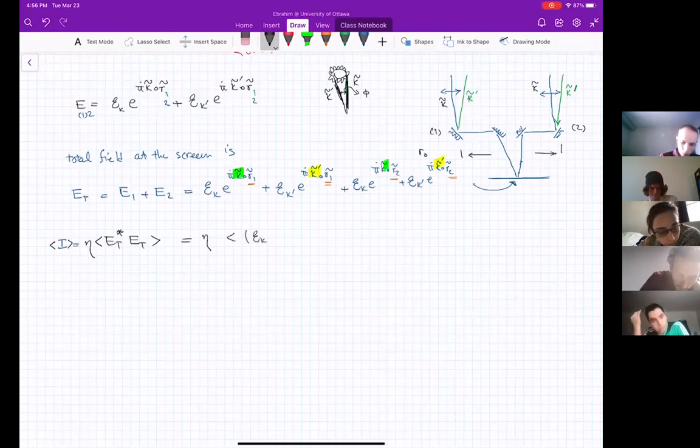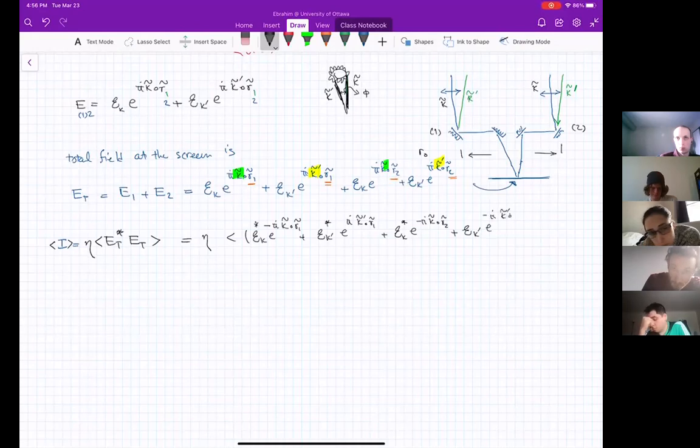So we will get E_K e^{-i K·r_1} star, plus E_K' star e^{-i K'·r_1}, plus E_K star e^{-i K·r_2}, plus E_K' star e^{-i K'·r_2}, times the field that you have here, time average.